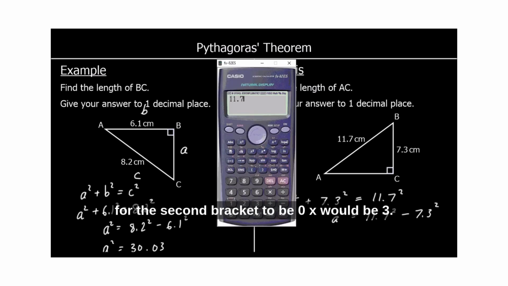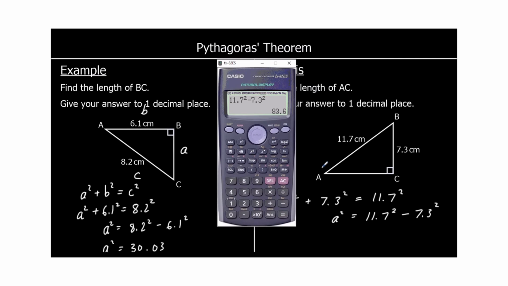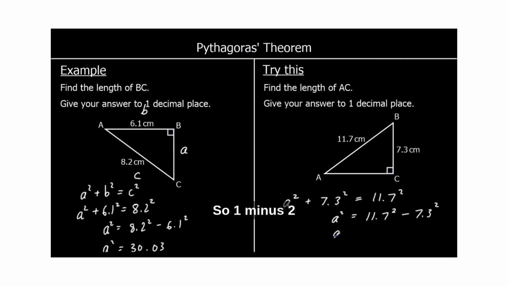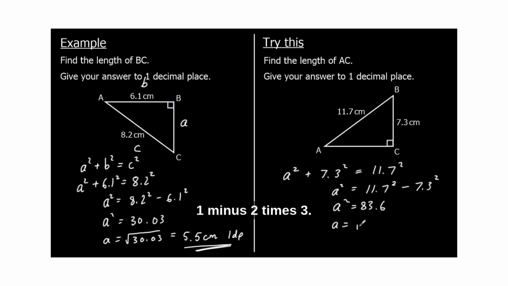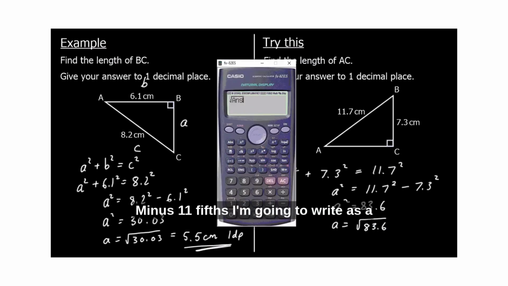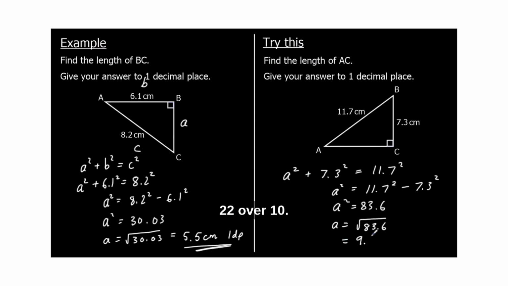So 11.7 squared minus 7.3 squared, which is 83.6. So a squared is 83.6. So if we square root both sides, the square root of our answer to 1 decimal place is 9.1. So a is 9.1 centimeters to 1 decimal place.